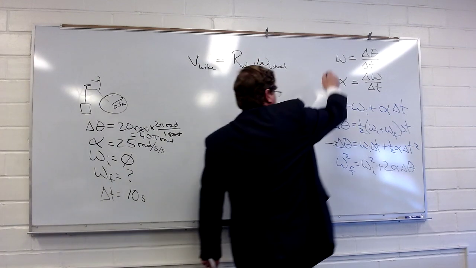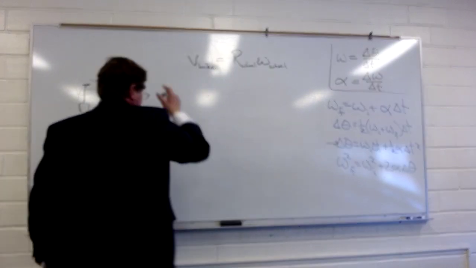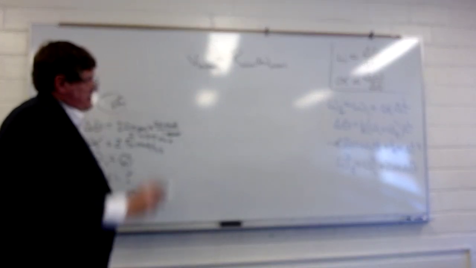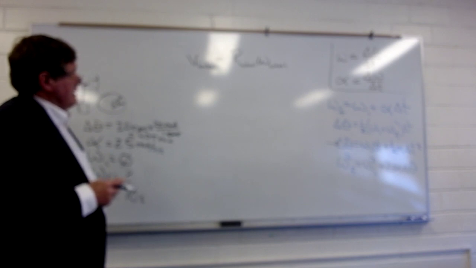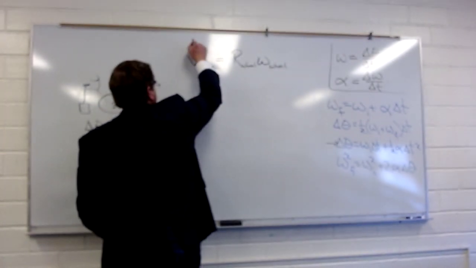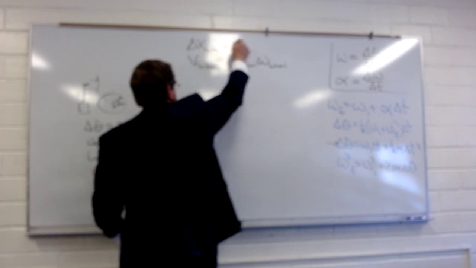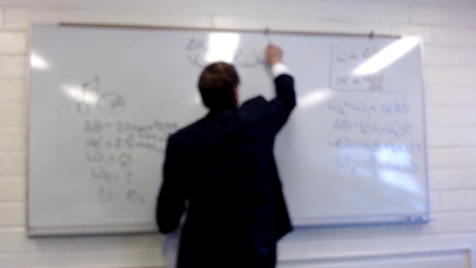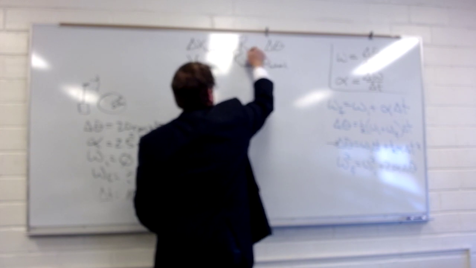Now, because of these relationships between the linear variables, I can write two more equations. How far you get down the road with your bike is going to be related to how far the wheel rotates, again with the fudge factor being the radius of the wheel.